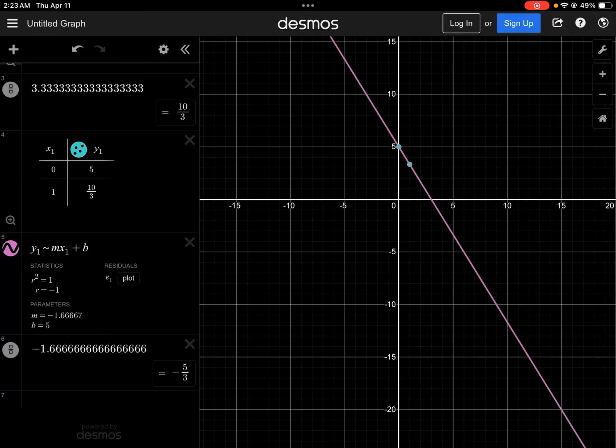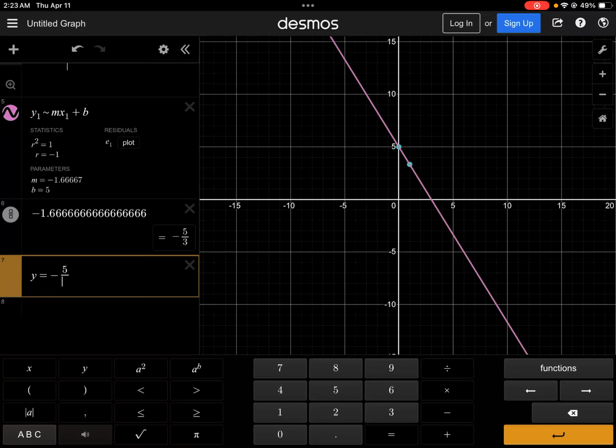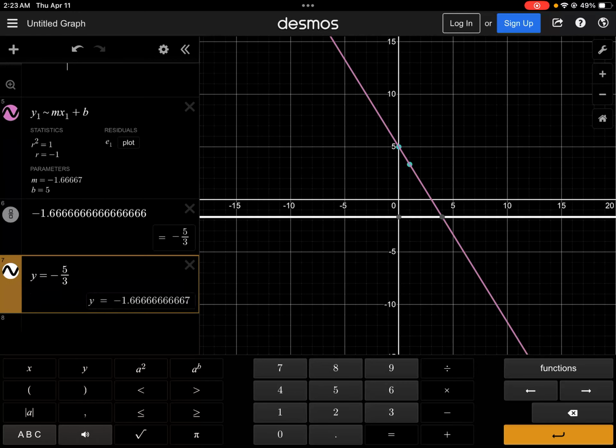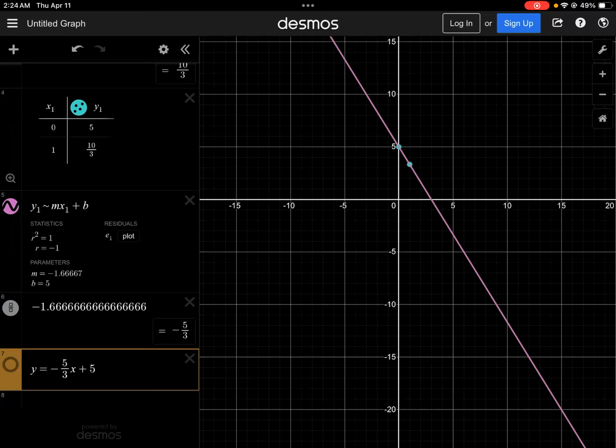So let's put everything together here. y equals, m is negative 5 over 3, negative 5 over 3 x plus 5, because b is 5. Okay, when you see that one line is on top of the other, that means you found the equivalent expression.